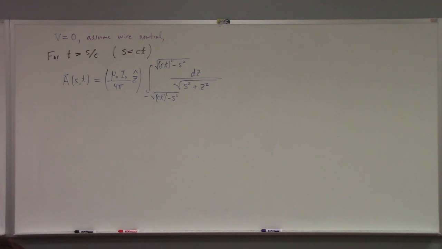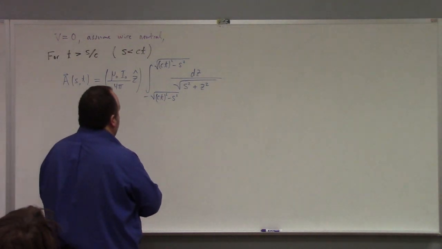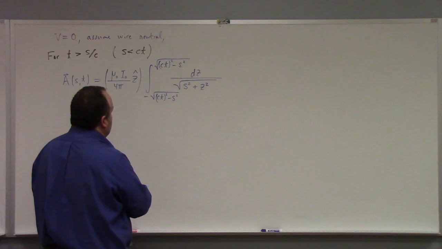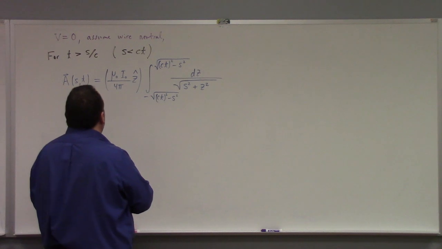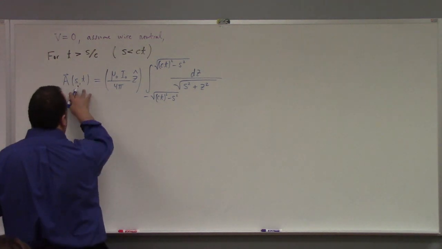So we're just putting into practice how we'd calculate this in this context, because we just have a line current. And this is the part of the current that would be in communication with the point s, t.